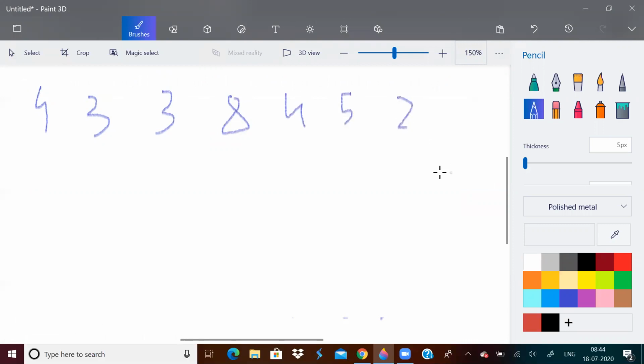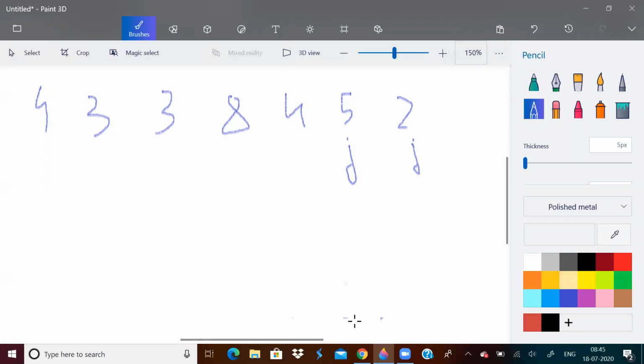Initially my j is here, and I am checking if a of j minus 1 is greater than a of j. If it is, then I will decrease j. You can see the condition is satisfied, so I decreased j. Now I'm checking if a of j minus 1 is greater than or equal to a of j. No, the condition is not satisfied.